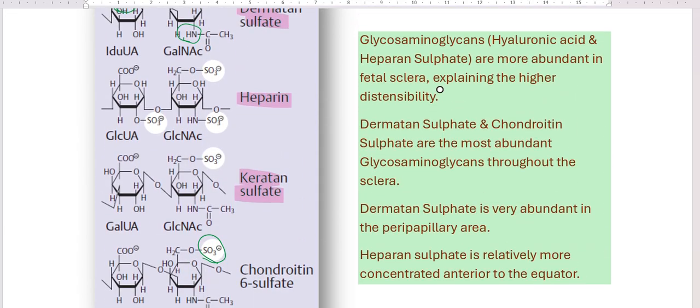Parts which are extensively studied for the content of their proteoglycans are the sclera, followed by the cornea. And this is important because this is heterogeneous. There is always heterogeneous concentration of the proteoglycans in different ocular tissues. So, for example, the most abundant proteoglycans in the sclera are dermatan sulfate and chondroitin sulfate.